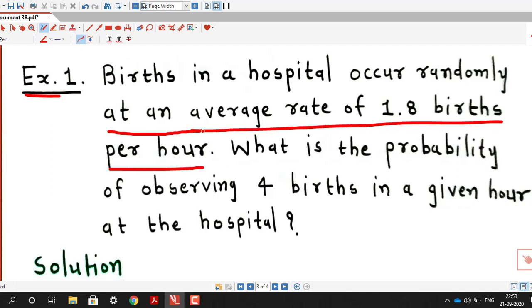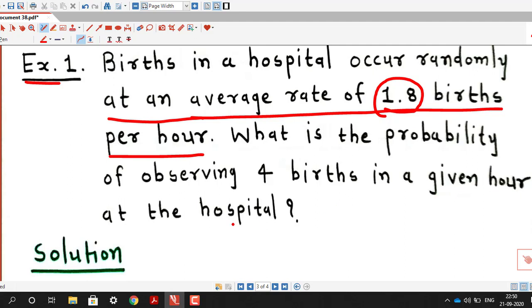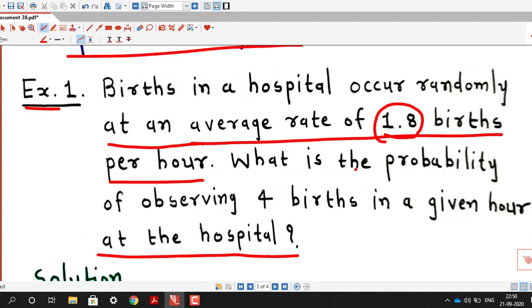So the average number of births per hour in a hospital is given to be 1.8. What is the probability of observing 4 births in a given hour at the hospital?